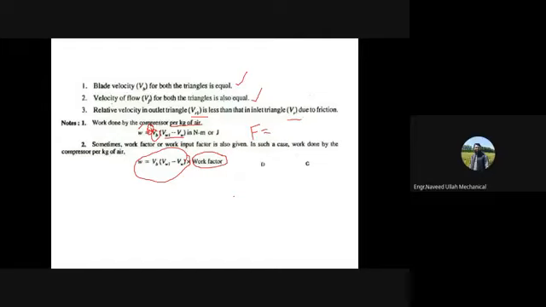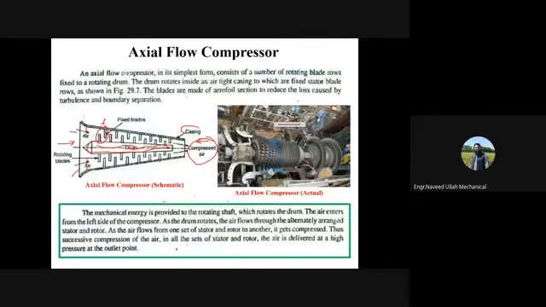ठीक है, like what you know we have actually, बल्कि यहाँ पे चले आप देख लें, you know here let's say the air enters to this rotor, this compressor.